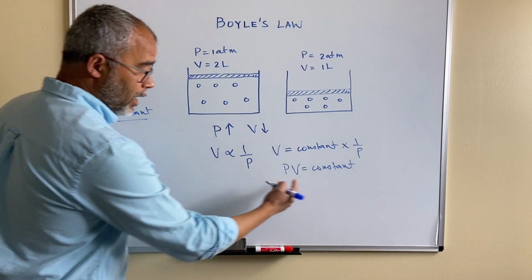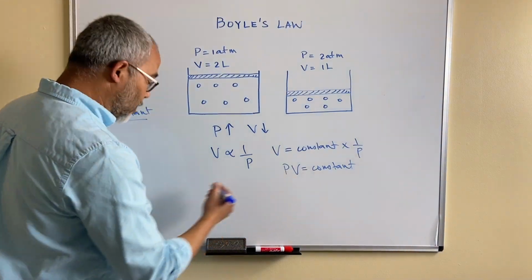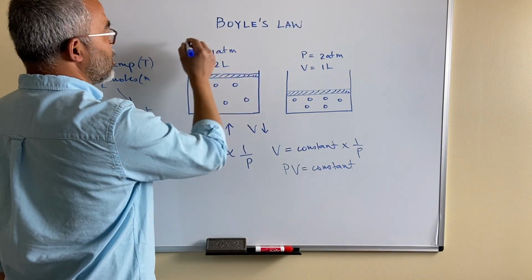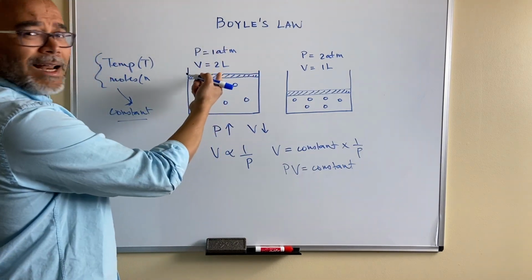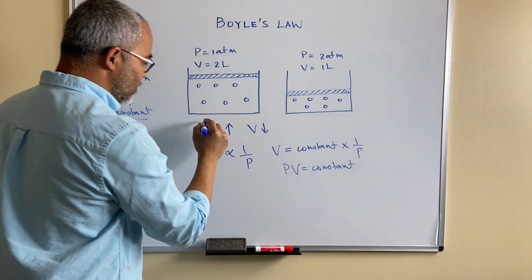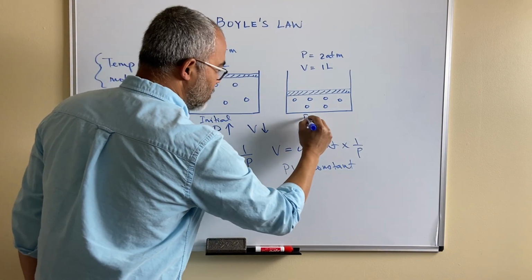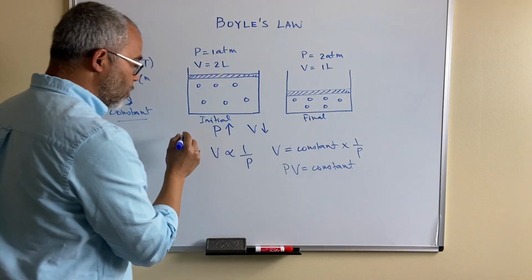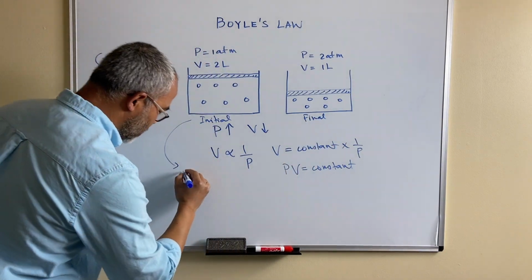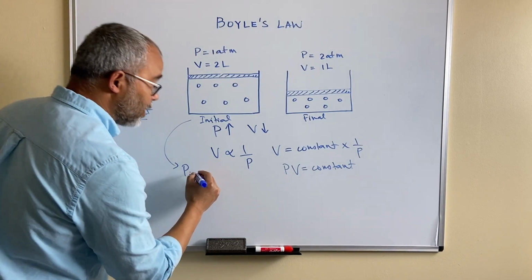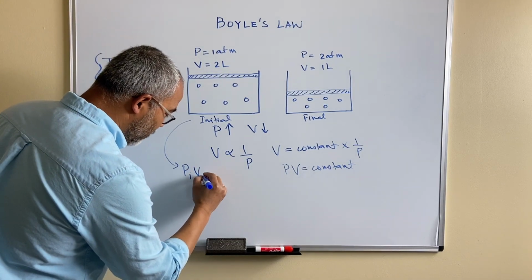Since the pressure times the volume is always a constant, let's say you have an initial state, not exactly this, but something like this. That is my initial state, and that's my final state. I'm going to call the pressure at the initial state PI, where I stands for initial, and the volume at the initial state VI.